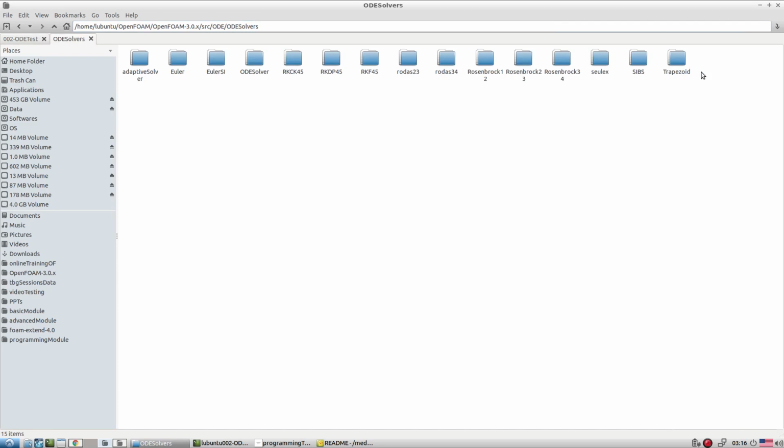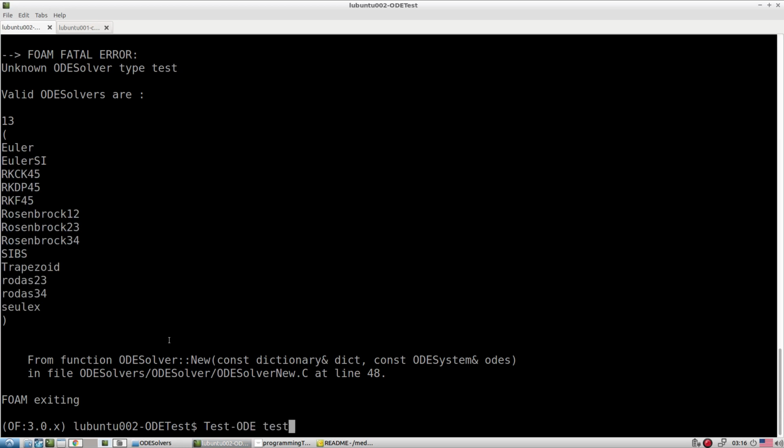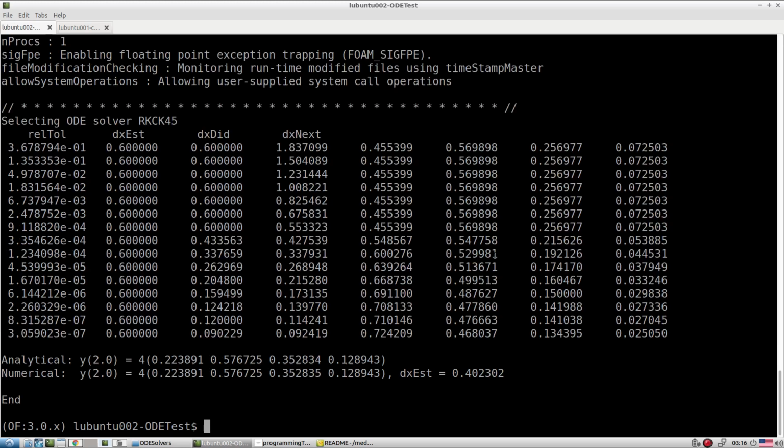So it gives you the idea that many classes of solvers you can run with this. So how to run: our executable name, and let's say we want to work with rkcd45. This is how it gives you the final answer, the analytical solution and the numerical solutions.